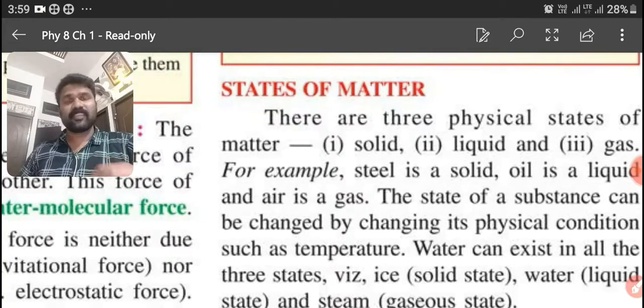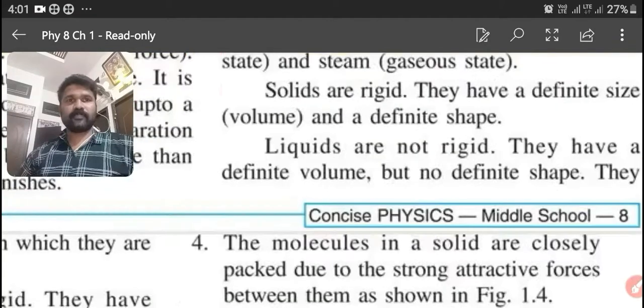Water can exist in three states: ice, water, and steam. Ice is in solid state, water is in liquid state, steam is in gaseous state.